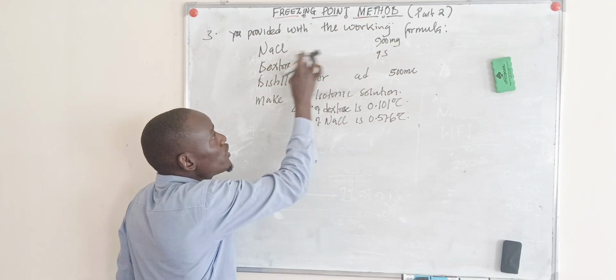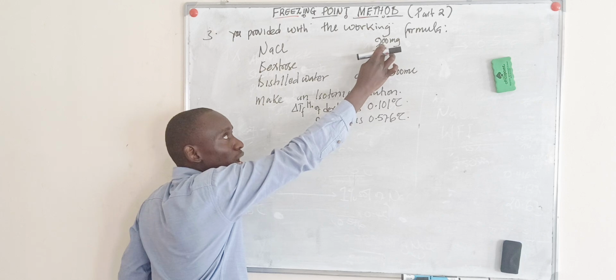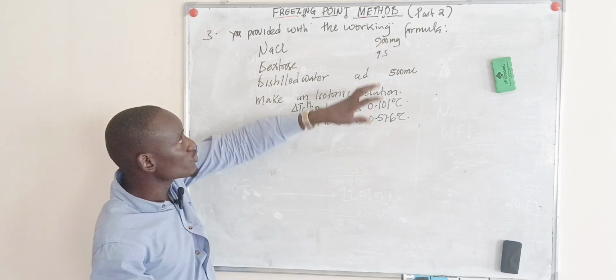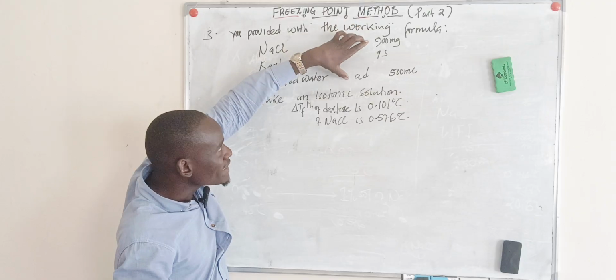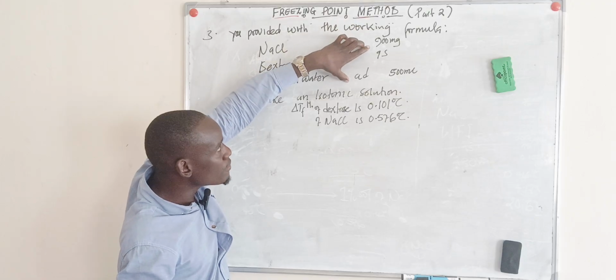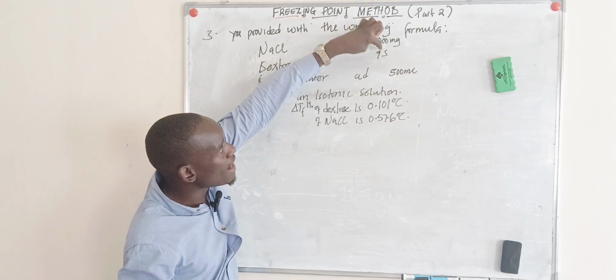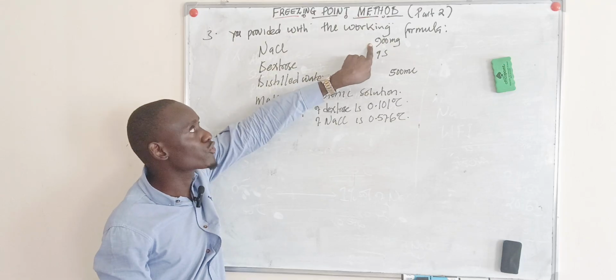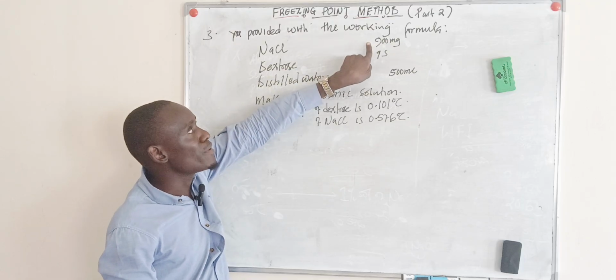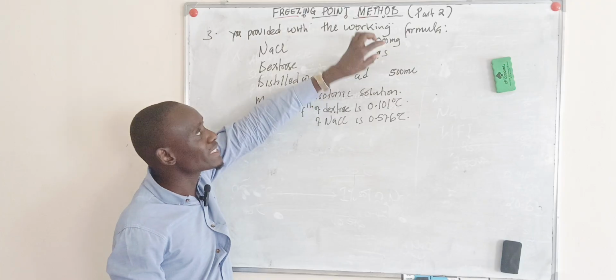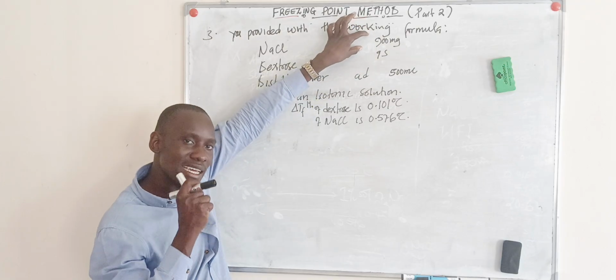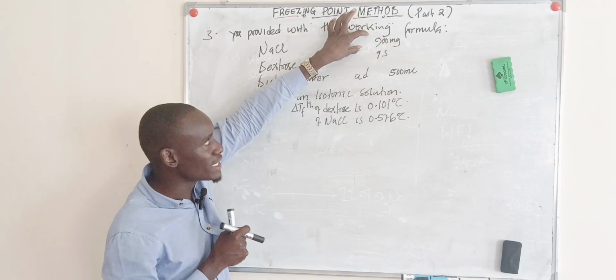So since we know the mass of sodium chloride, we need first of all to cross-check and see what temperature of freezing point depression is produced by this mass of sodium chloride. Because it is this freezing point depression that will tell us that either our solution is isotonic or it is not isotonic.